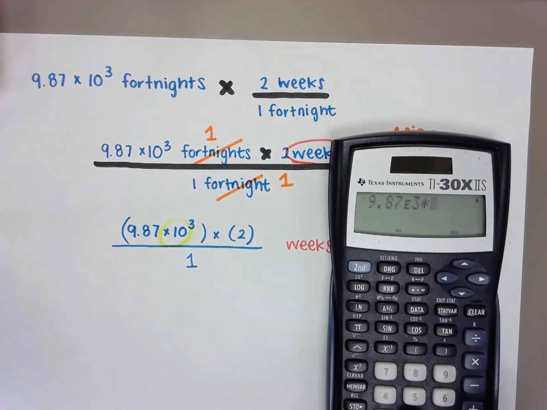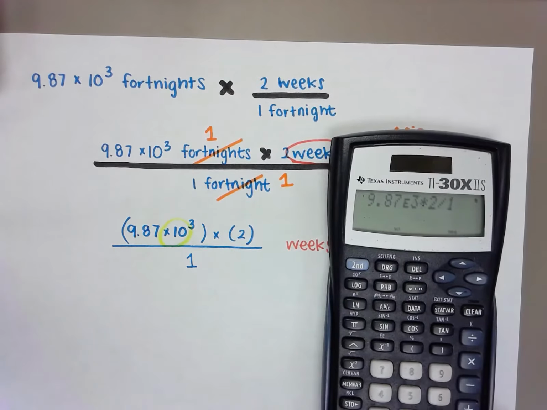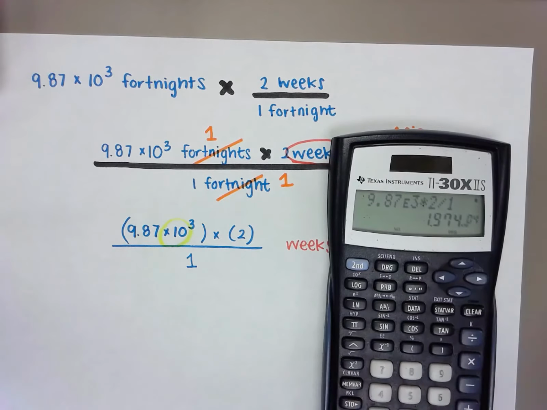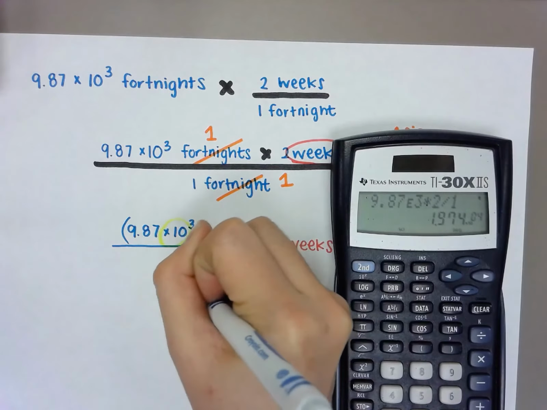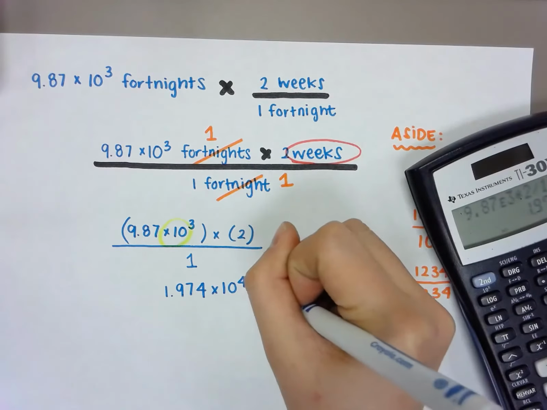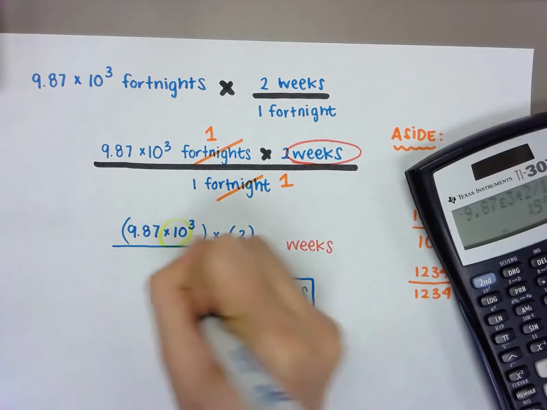And we're going to multiply by 2 and divide by 1. And here we've got our answer: 1.974 times 10 to the fourth weeks is equal to 9.87 times 10 to the 3 fortnights. So again, 1.974 times 10 to the fourth power weeks is our answer to this first problem.